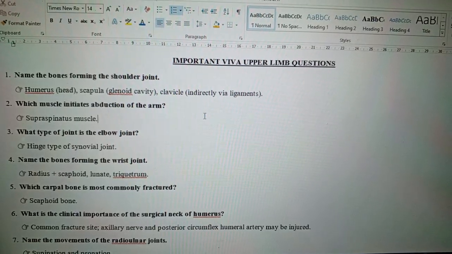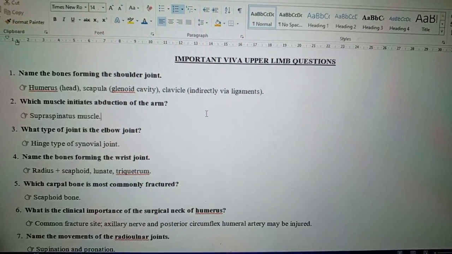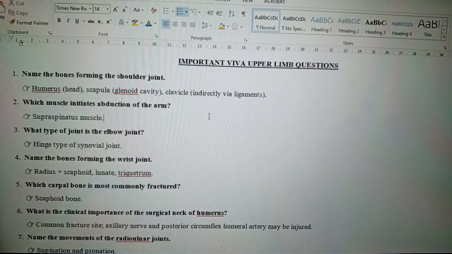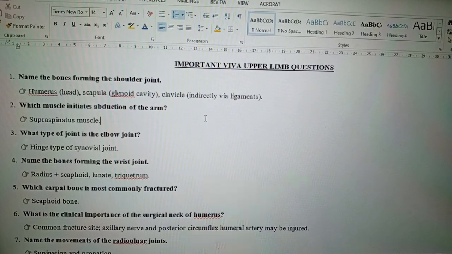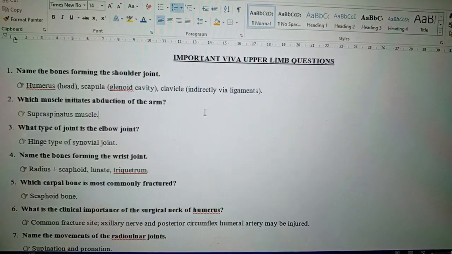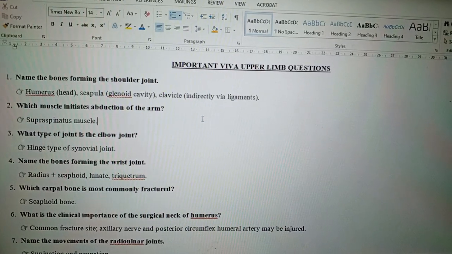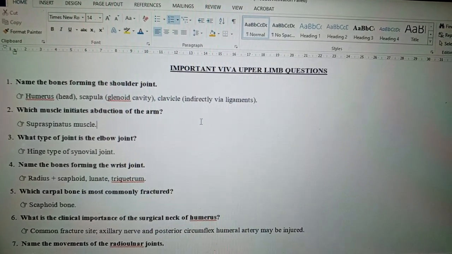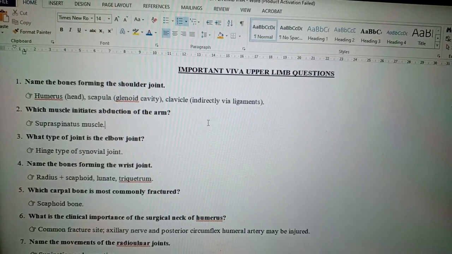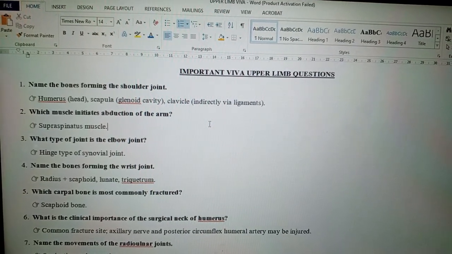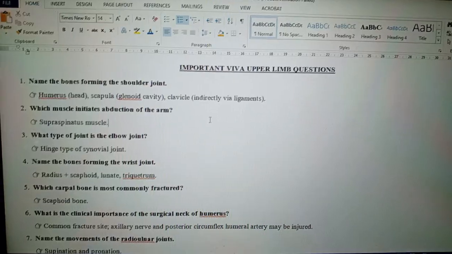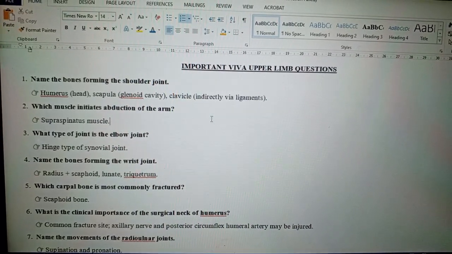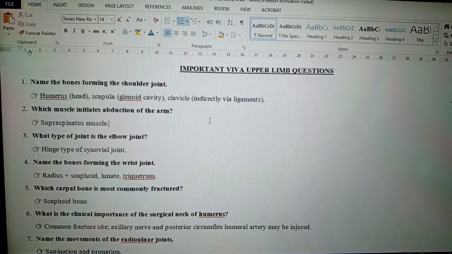The abduction of the arm is performed by the supraspinatus muscle for the first 15 degrees, then by the deltoid, and then beyond 90 degrees by the trapezius. Another muscle is covered in my other video, on how many degrees of abduction of the arm is performed by which muscle.